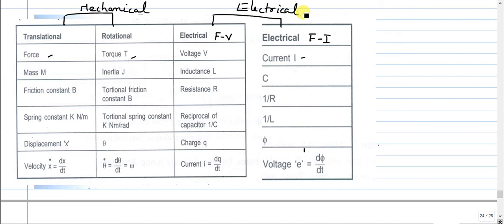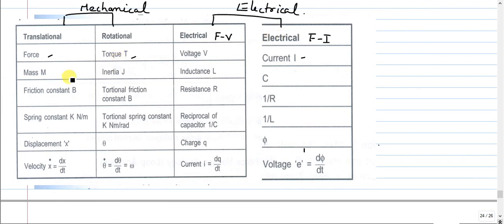See, our initial statement was that there is a fixed analogy between mechanical and electrical. In mechanical we know there are two forms of motion, translational and rotational. What happens in translational and what happens in rotational, and again when we compare these two with electrical, how we write the equation. If it is a mass in a mechanical system, it will be inductance in force voltage analogy and capacitance in force current analogy.